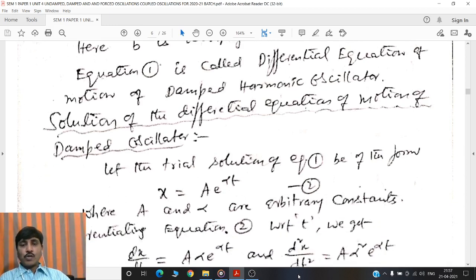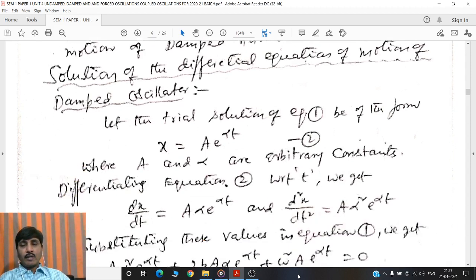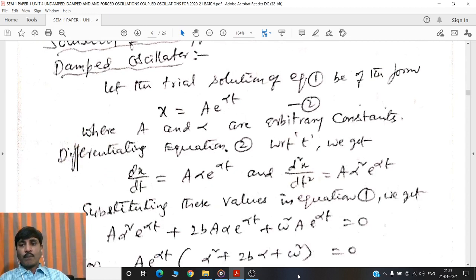Now, the solution of the differential equation of motion of damped harmonic oscillator. Let the trial solution of equation 1 be of the form x equals A into e power alpha t, where capital A and alpha are arbitrary constants. Differentiating equation 2 with respect to t twice, we get dx by dt equals A alpha e power alpha t, and d square x by dt square equals A alpha square e to the power of alpha t.